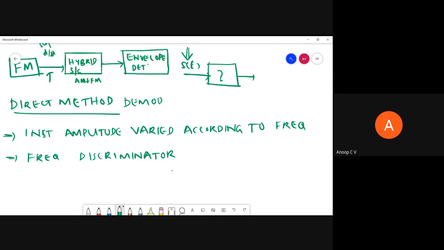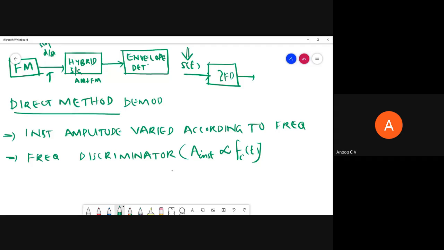Frequency discriminator can bring in instantaneous amplitude variation according to the frequency. So basically, in a frequency discriminator, the instantaneous amplitude will be proportional to the instantaneous frequency. This is what a frequency discriminator does.